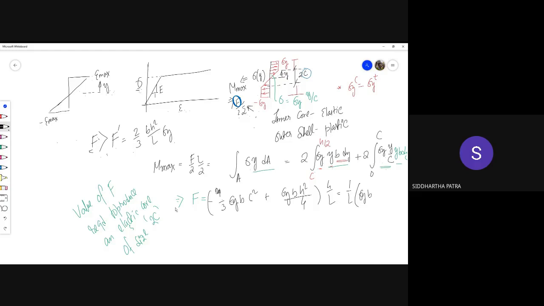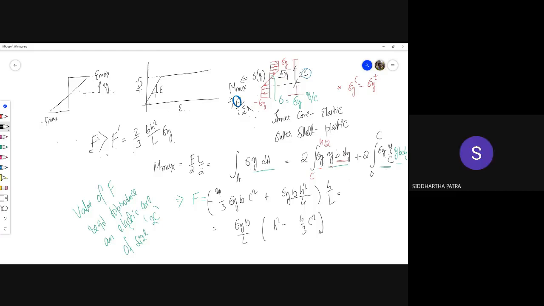So we can get the expression right. So it is sigma y b by L, then h squared minus 4 by 3 c squared, right? Yes, sir.